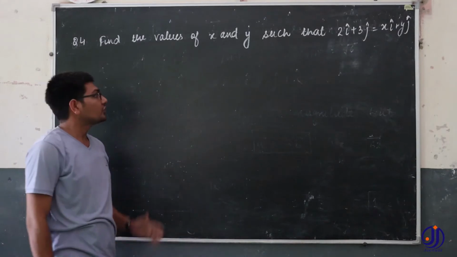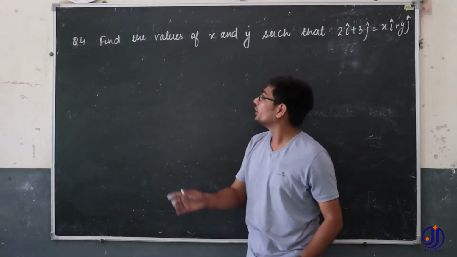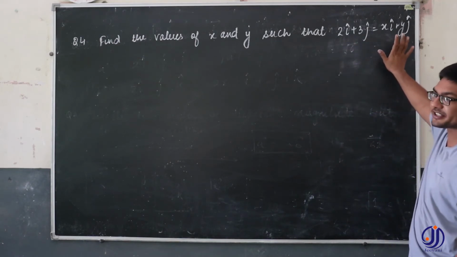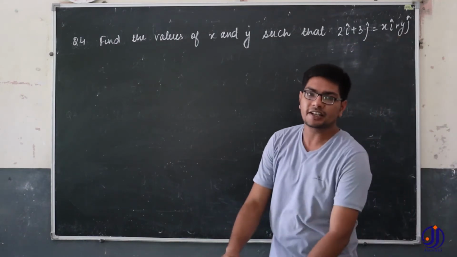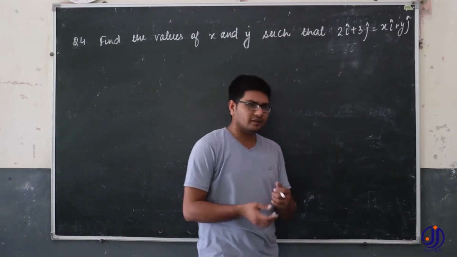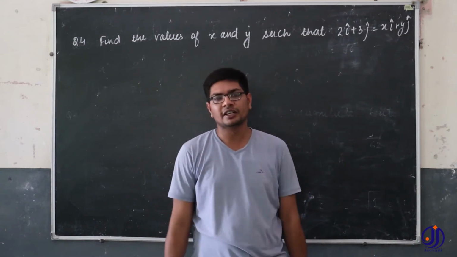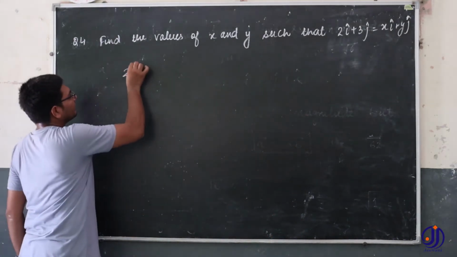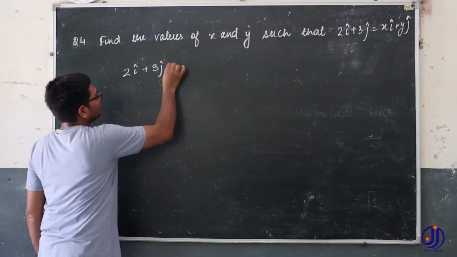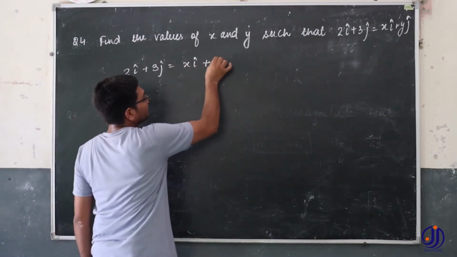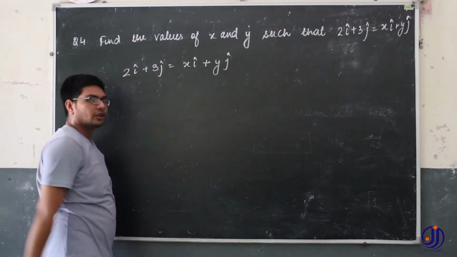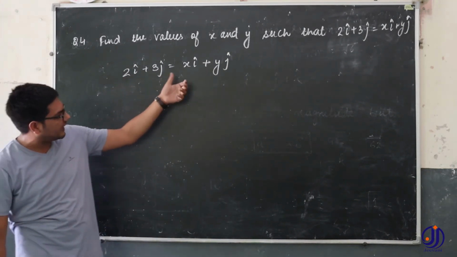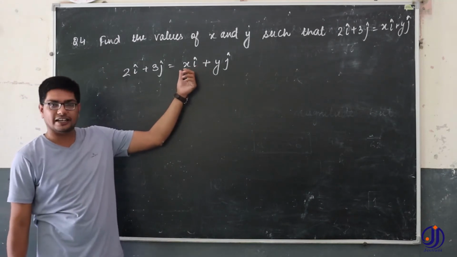Okay? So in this question, question number 4, we have to find the value of x and y such that 2i cap plus 3j cap is equal to x i cap plus y j cap. So students, what happens when two vectors are equal? Then their respective components are equal. Now the x component of this vector is 2, whereas the x component of this vector is x.